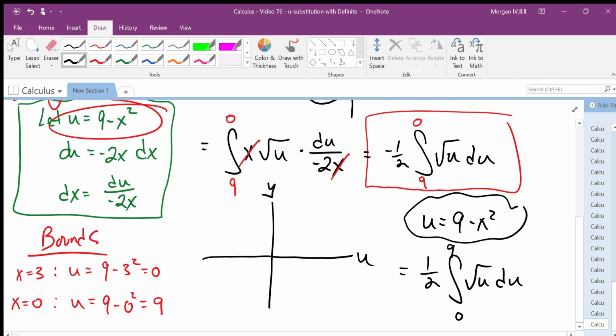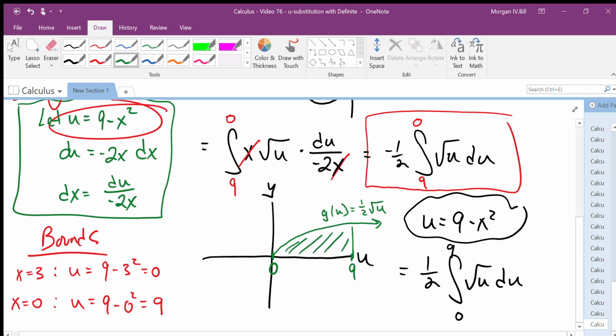The picture of this looks like the graph of 1/2 square root of u. The function g of u is the graph of 1/2 square root of u with u bounds from 0 to 9.